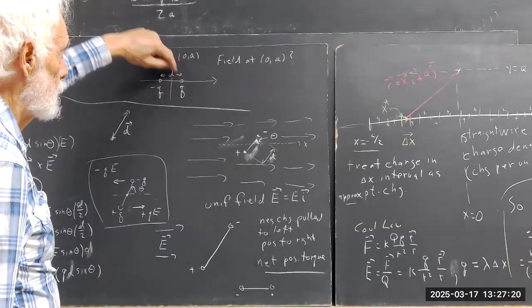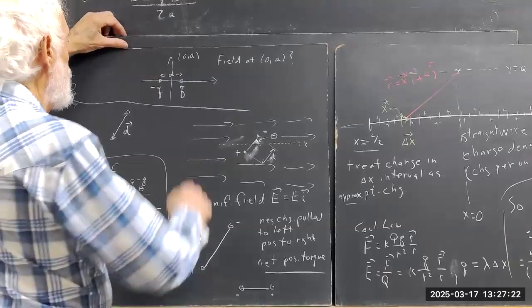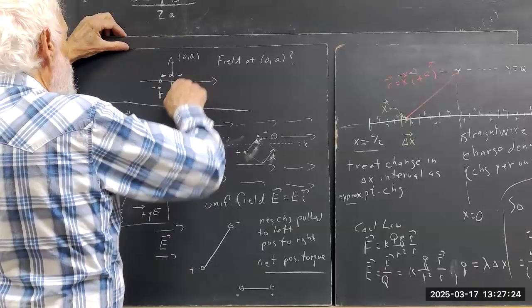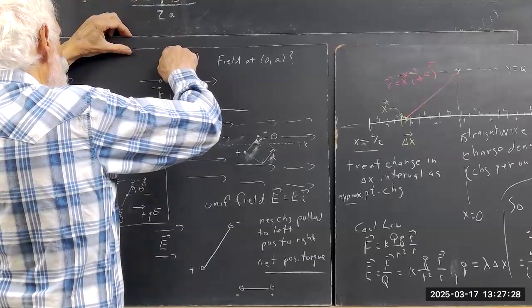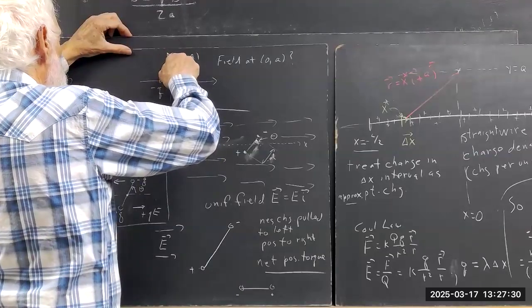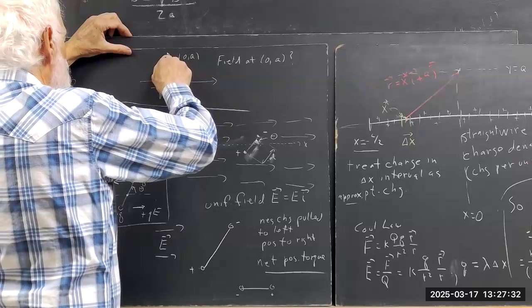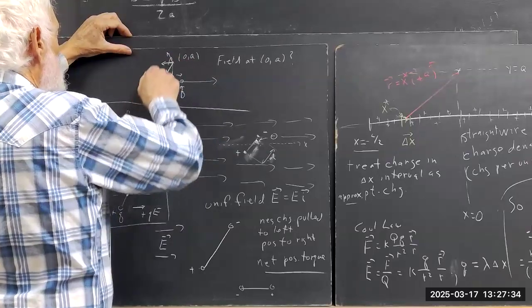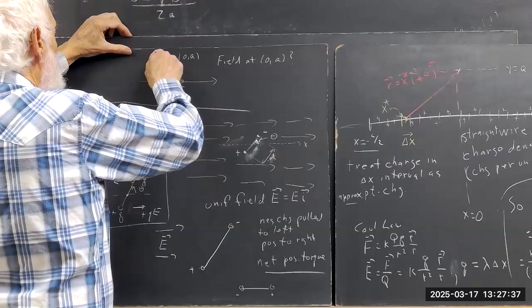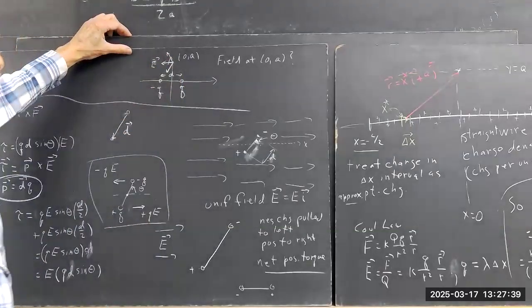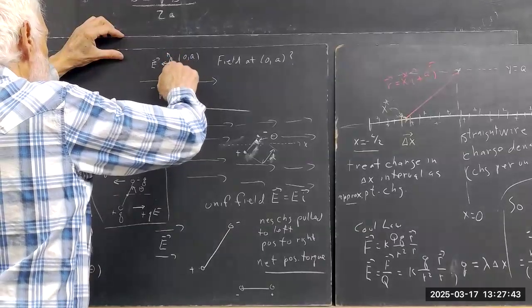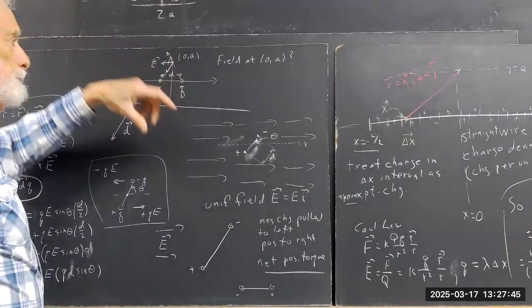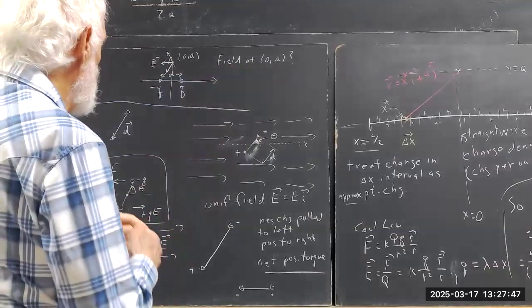The R vector goes from here toward here. The field contribution from the positive charge is going to be like so, and the field contribution from the negative charge is going to be like so. So the field is going to be like so. Understand what these vectors are. Get the field at 0, A.